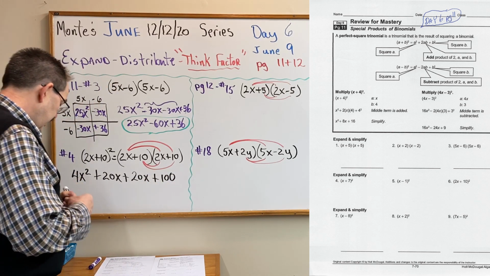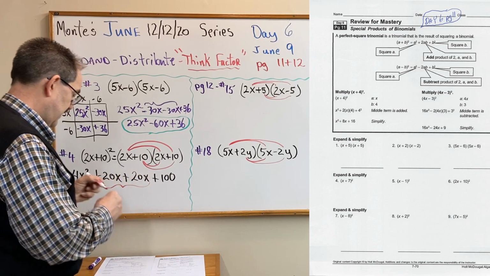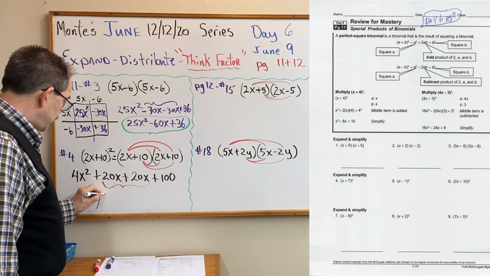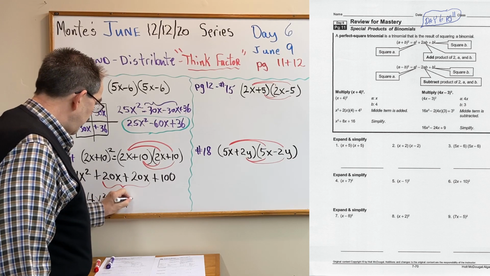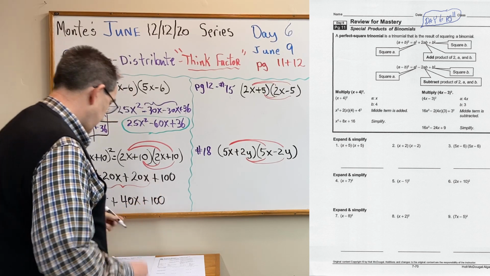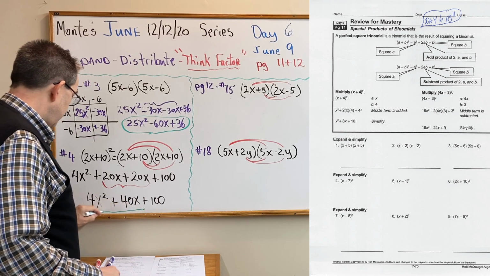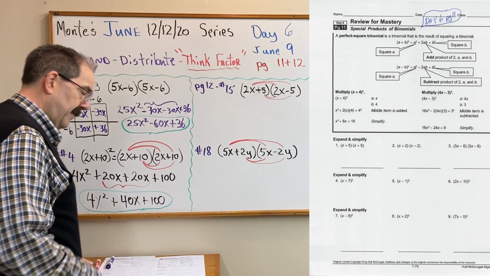Okay, don't forget, want to combine our like terms. 4x squared plus 40x plus 100. Okay, again, the key to success here is recognizing patterns, okay?